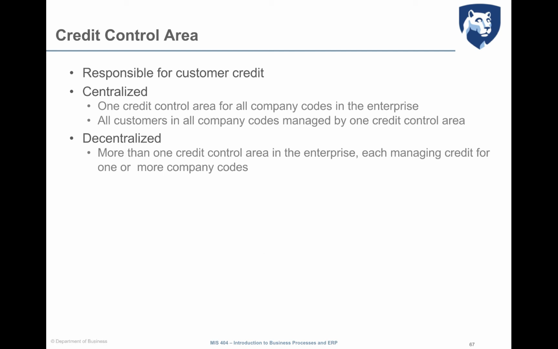Finally, last but not least, the last typical organizational data present in SAP that supports the procurement process, the fulfillment process, is the credit control area. The credit control area, which is typical of fulfillment, is an organizational level that is responsible for customer credit.